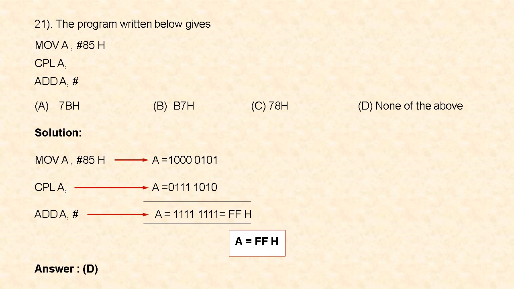The next instruction, ADD A, #85H, adds both the number 85H and its complement and stores the result in the accumulator. So the end result in the accumulator will be FFH. Hence option D, none of the above, is the correct answer.